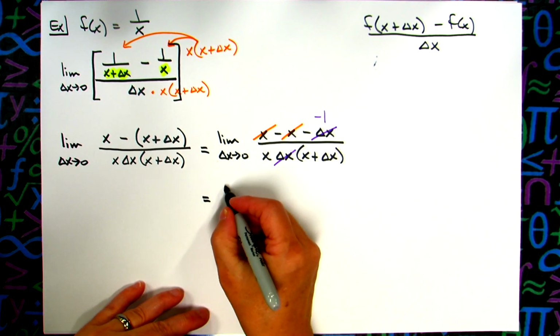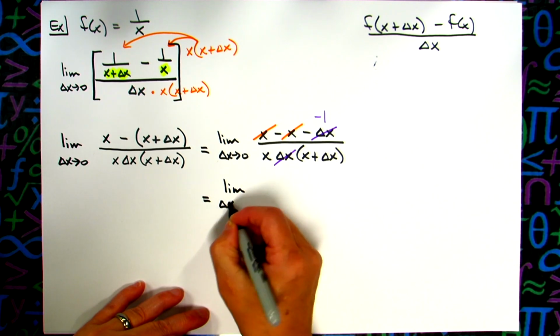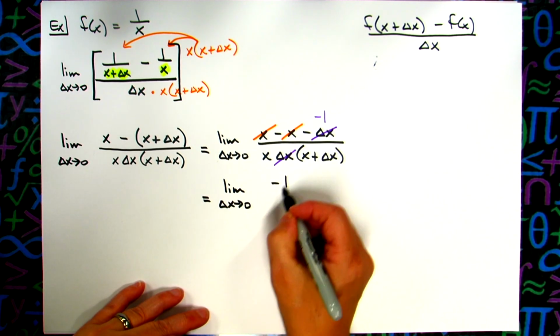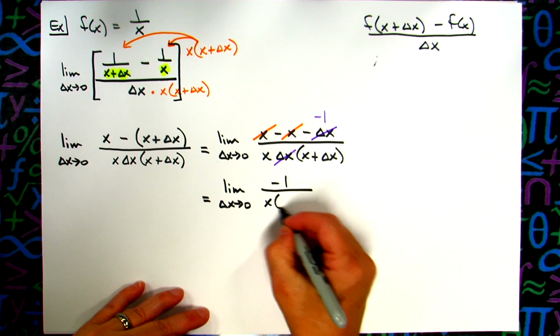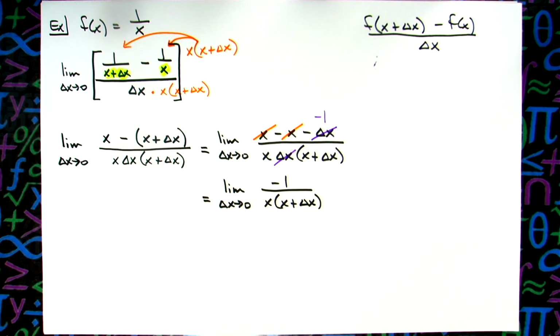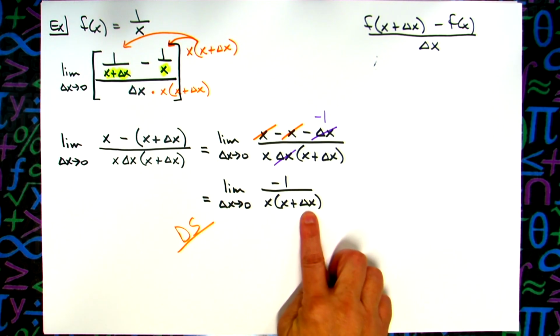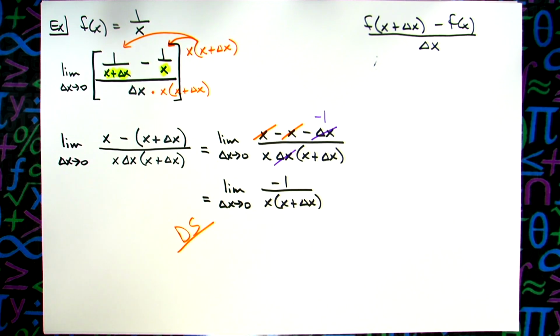Okay, so I'm going to clean that up just so I've got something neater to look at here. The limit as delta x approaches 0, I've got -1 on top. I've got an x plus delta x on the bottom. And then I'm ready for my direct substitution because I've simplified all I can. So I'm going to do my direct substitution. All right, I'm going to replace delta x with 0.